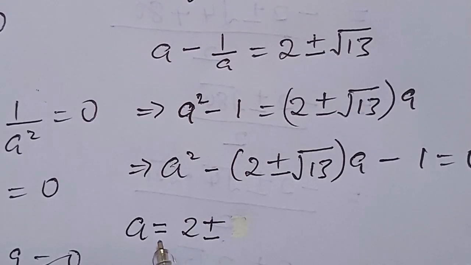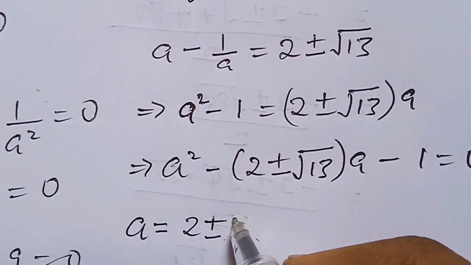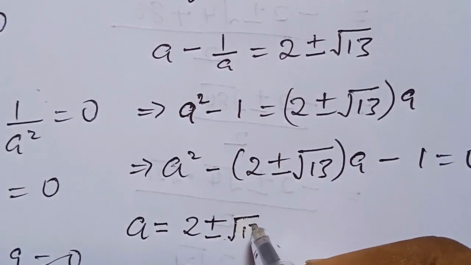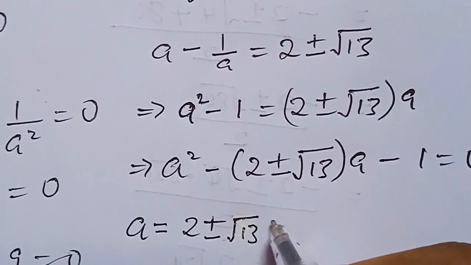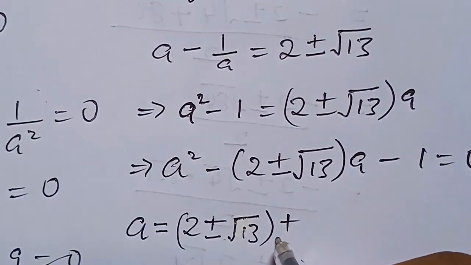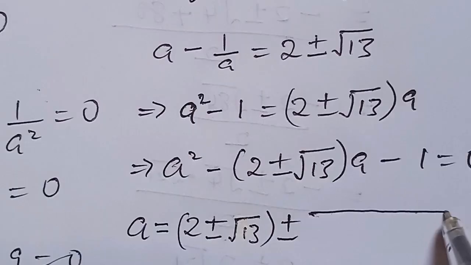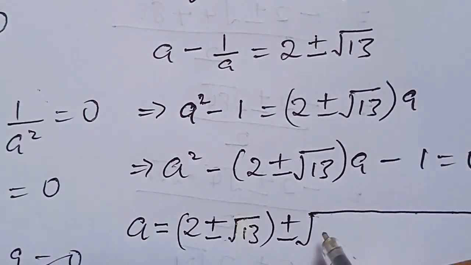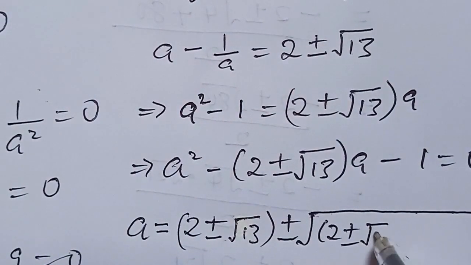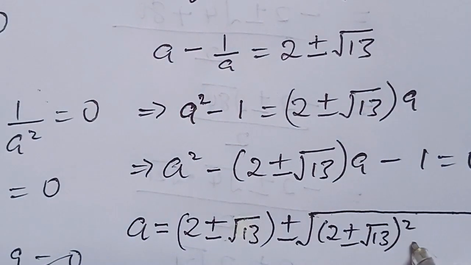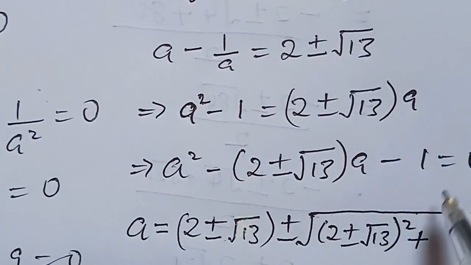a will be equal to (2 plus or minus the square root of 13) plus or minus the square root of (2 plus or minus the square root of 13)^2 plus 4.